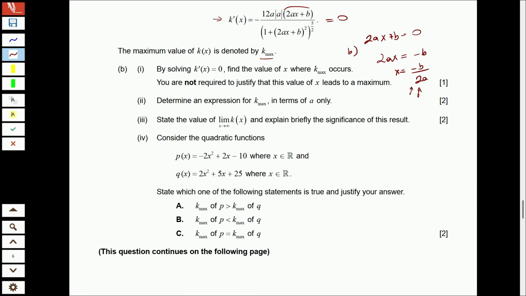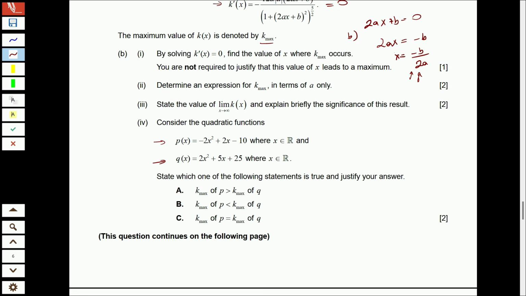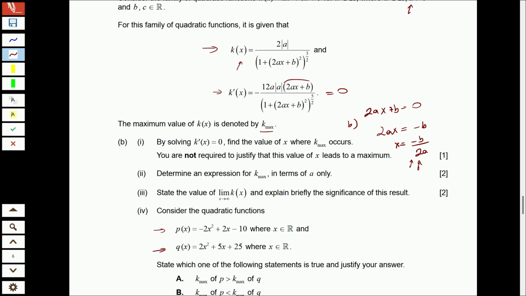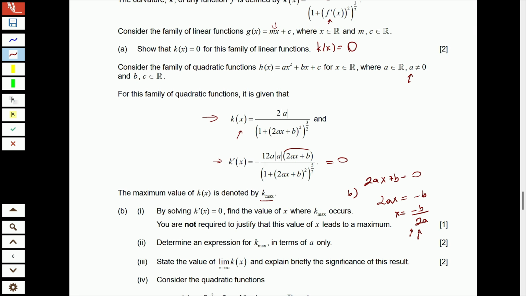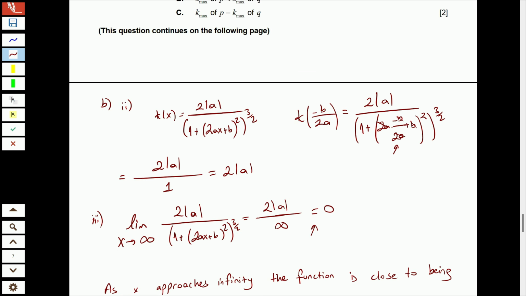The next question is: consider the quadratic functions. We can maybe solve this question here. There are two quadratic functions here, p(x) and q(x). State which one of the following statements is true and justify your answer. We will check the k-max of these functions. What is k-max? We found in the previous question for quadratic functions like this, k-max is 2 times the absolute value of a.